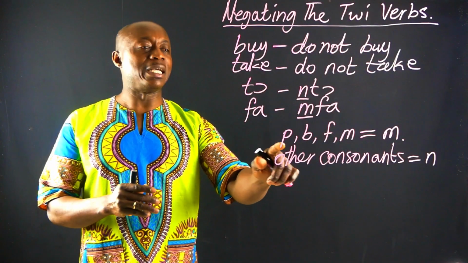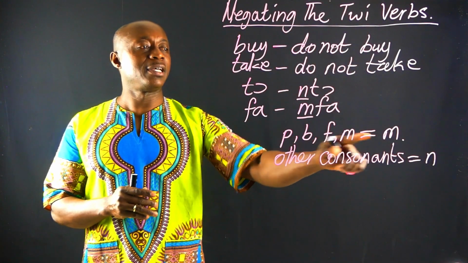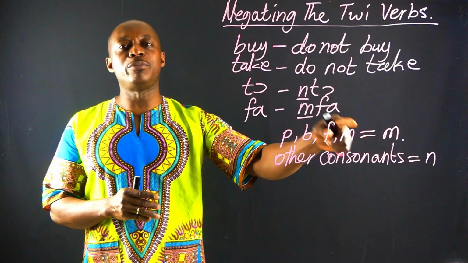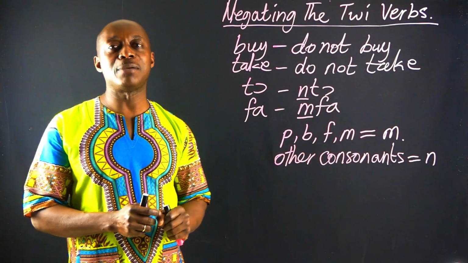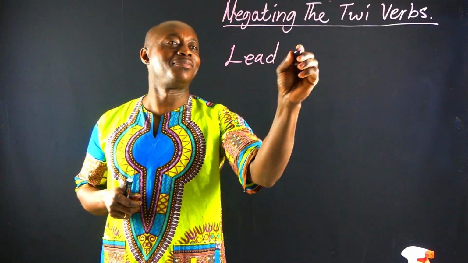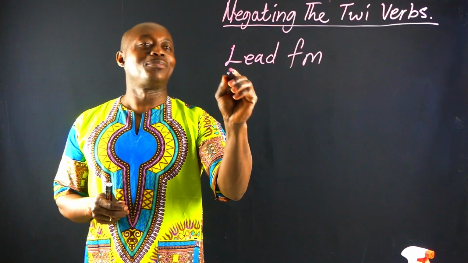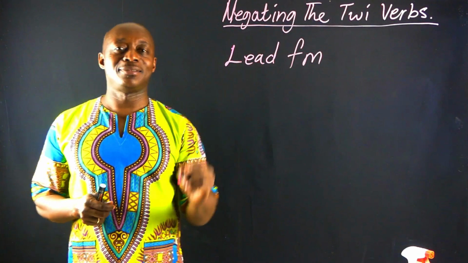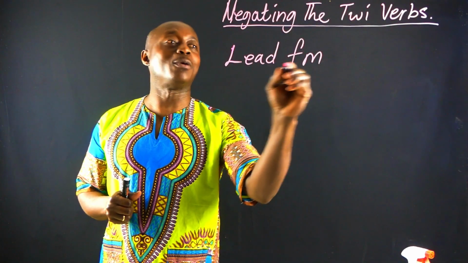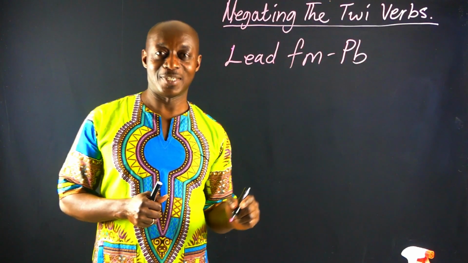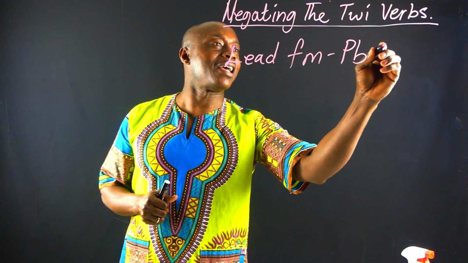Let's look at some examples of the verbs that will have to be prefixed with M in order for them to become negative. For those of you who may not understand lead FM, when I talk of lead FM, I talk of the chemical symbol of lead. The chemical symbol of lead is Pb, isn't it? And then I write FM.